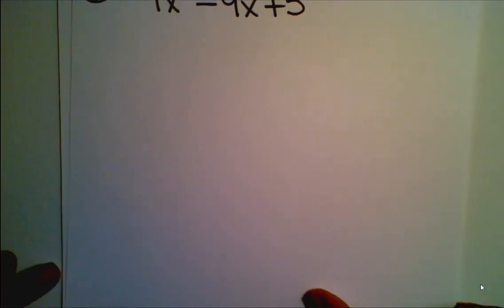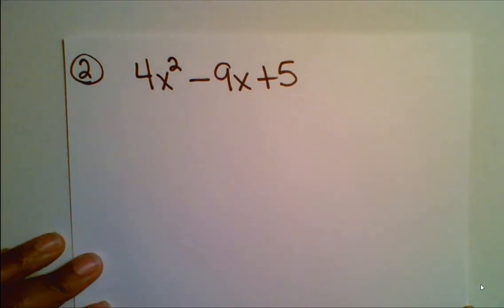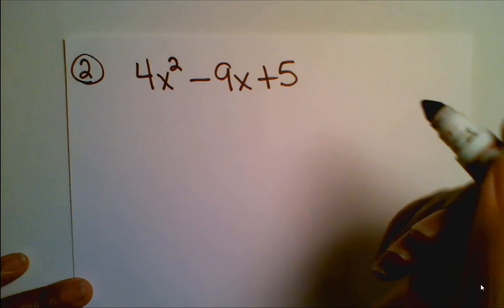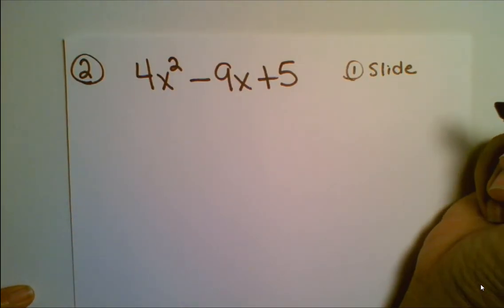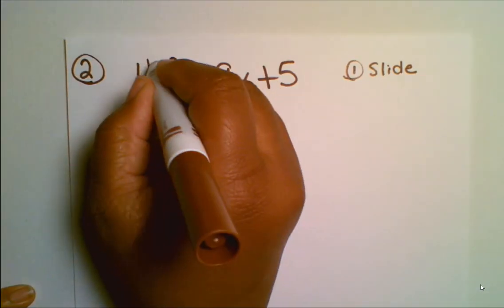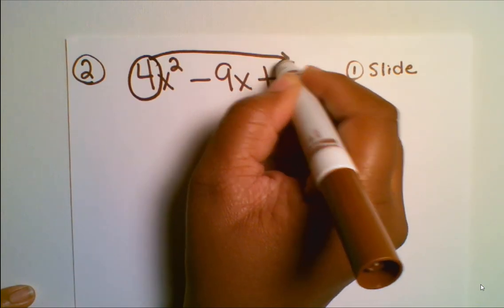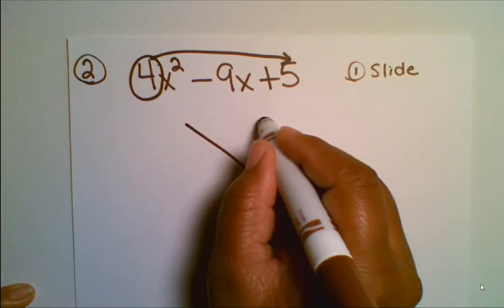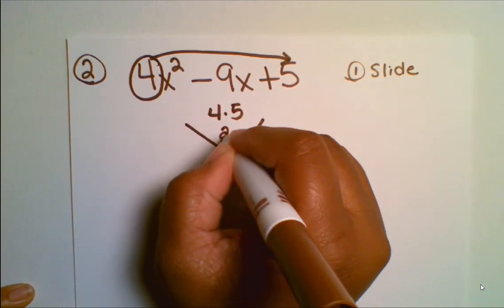Let's do another one. Number 2. We have here 4x squared minus 9x plus 5. We're going to slide. Take the 4, multiply it to the 5. 4 times 5, that's 20.